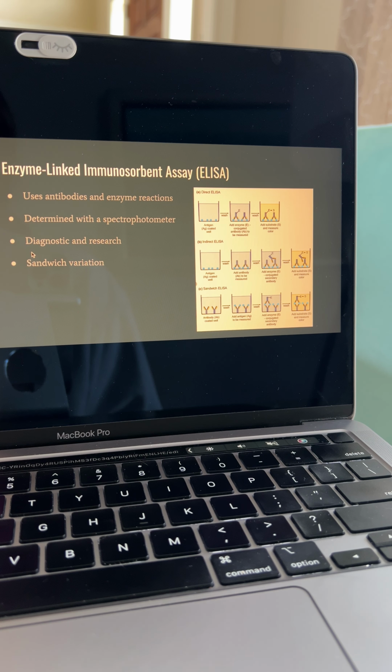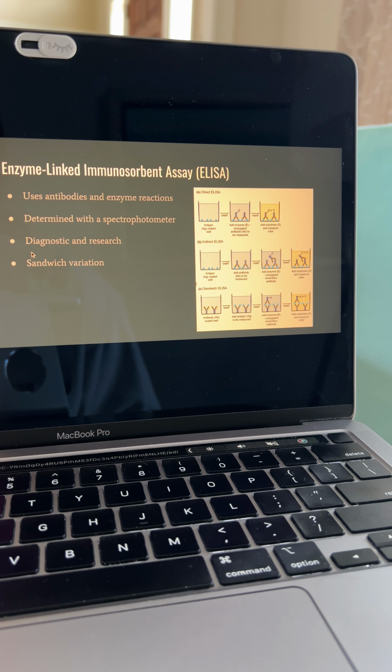A second technique I found very interesting was the enzyme-linked immunosorbent assay, also called ELISA. It utilizes antibodies and enzyme reactions for the detection of specific antigens. The antigen or the antibody is covalently coupled to an enzyme and quantified by determining with a spectrophotometer the rate at which the enzyme converts a clear substrate to a colored product.